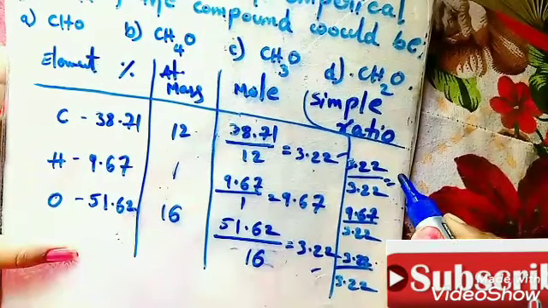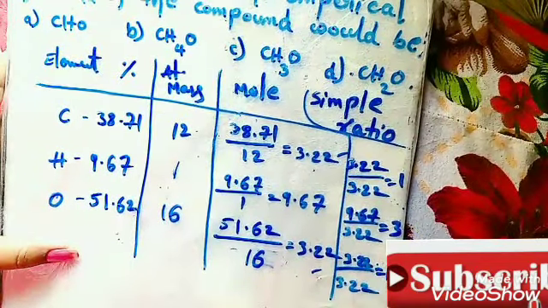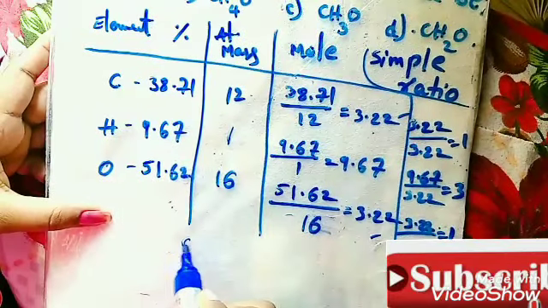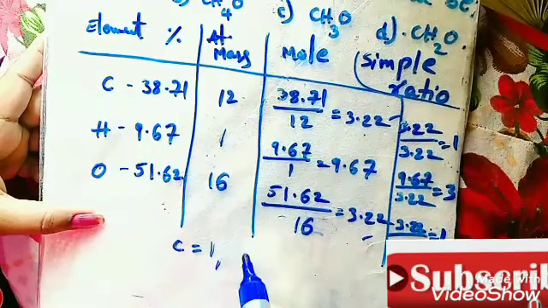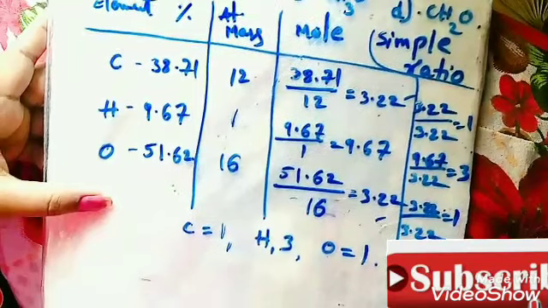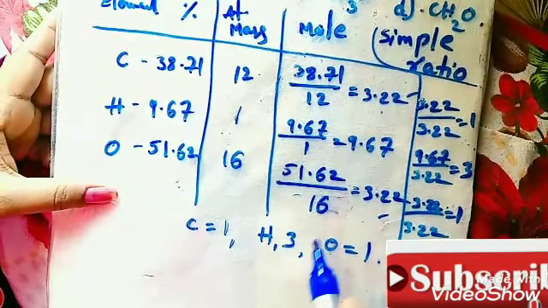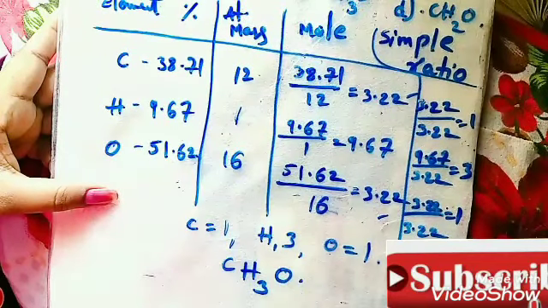Then students, if you calculate this, here 1, here 3, here 1. So the ratio we have got finally is carbon 1, hydrogen 3 and oxygen 1. So by seeing these, if you write the chemical formula, it is CH3O.